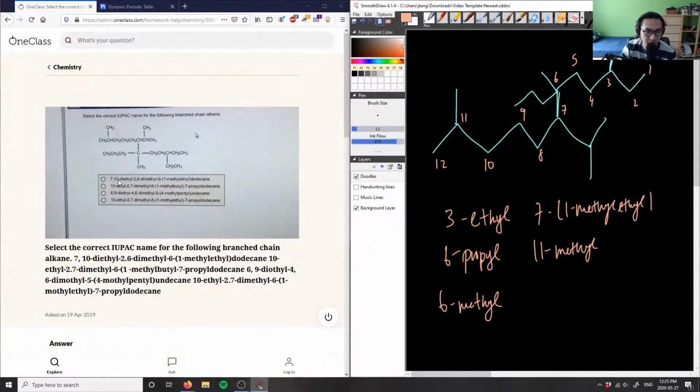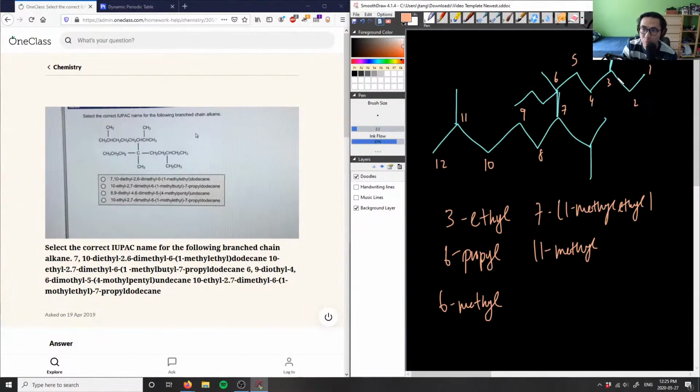We have 7,10 diethyl. So 7,10 diethyl doesn't make sense here. So this here is 10 ethyl, but this one's not a 10 here. So let's see. Would I have to label it from, let me try from this way actually. So 1, 2, 3, 4, 5, 6. This would make it a 7 instead of 6.